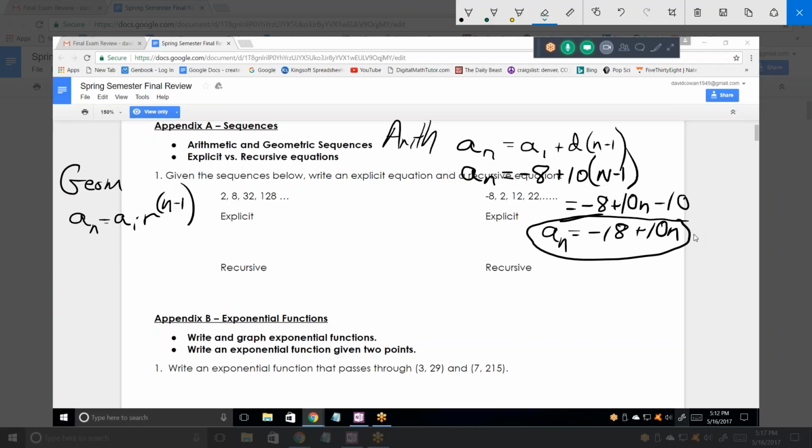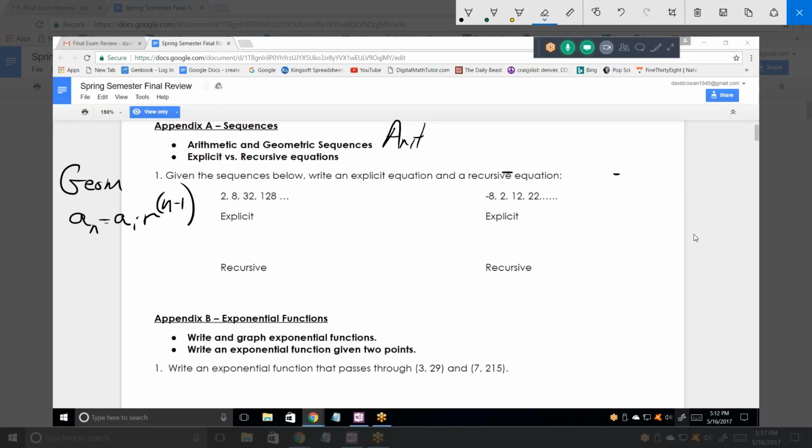Now, let's go over here and look at the geometric sequence. Tell me what the specific geometric sequence nth term is. 2 times 4 to the n minus 1.